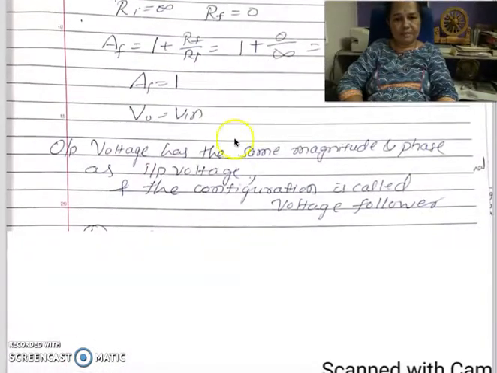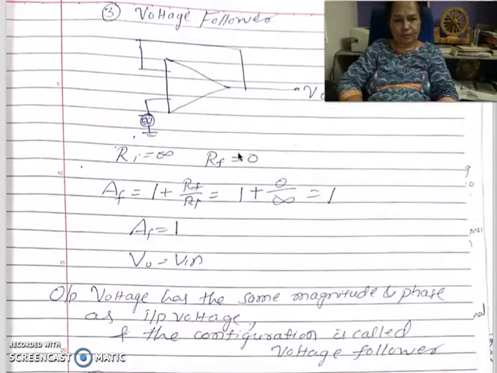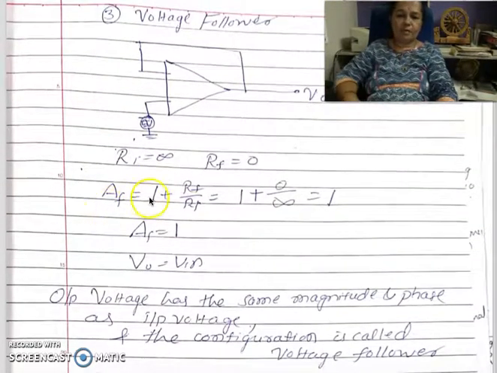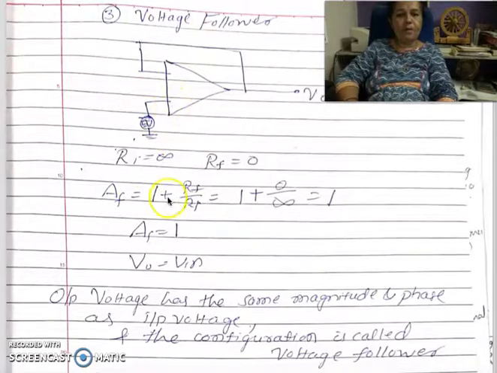The same is used. So AF is equal to 1 plus RF divided by Ri. And what are the values of RF and Ri? RF is 0, Ri is infinite. So this is going to become 0, and 1 plus 0 will be 1. So AF is equal to 1.